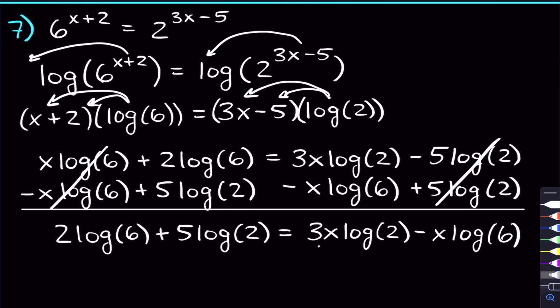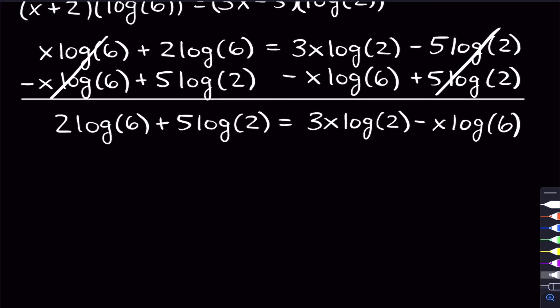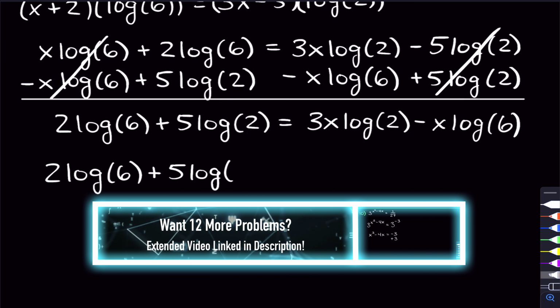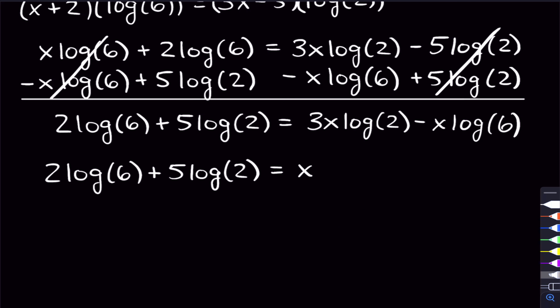So now that we have our x's all on one side, what we can do is factor out an x, and that's what's going to allow us to really get the x by itself. So doing that, we're going to keep that 2 log of 6 plus 5 log 2, and that is going to equal, if we pull an x out, what we're left with is 3 log 2 minus log of 6.